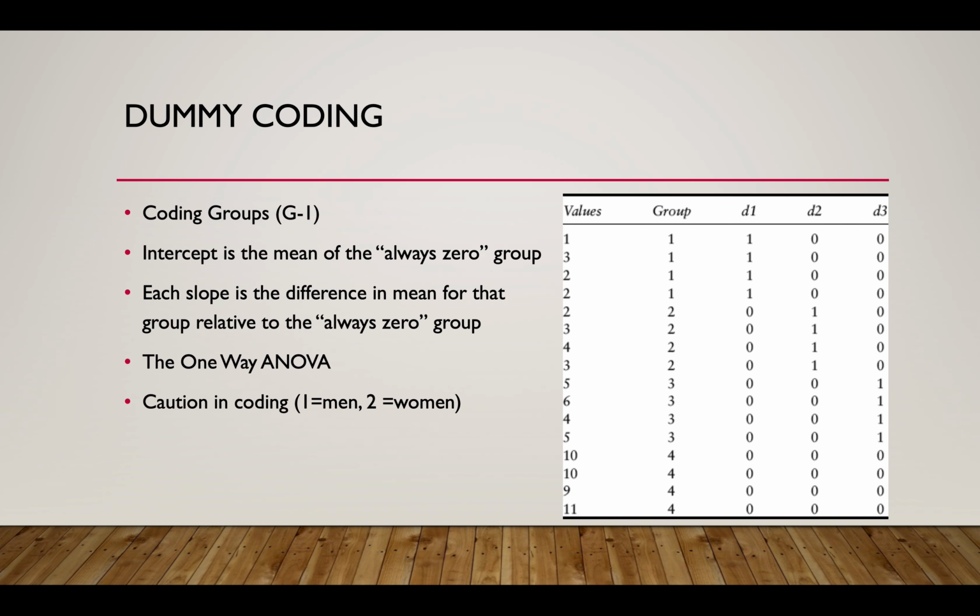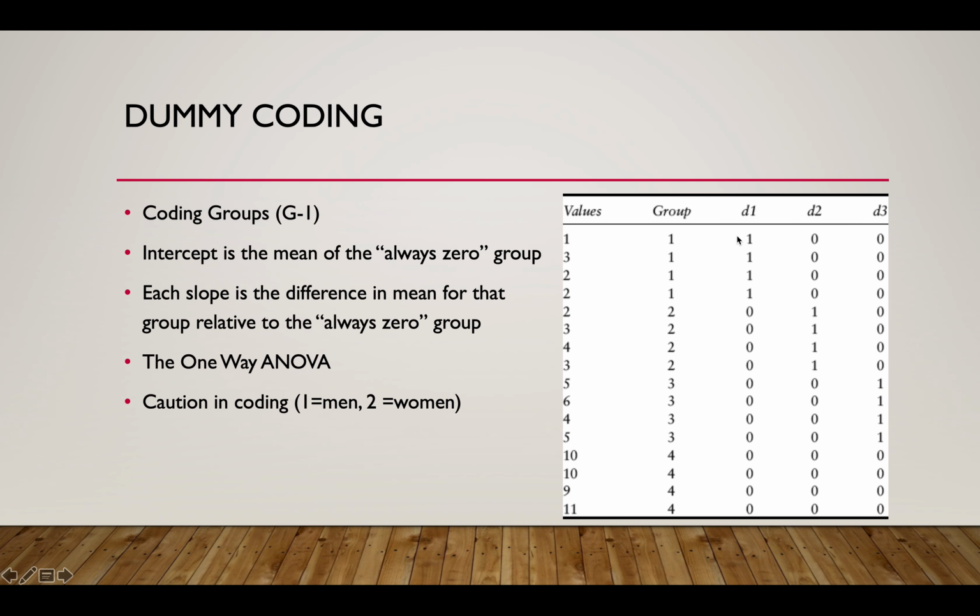Let's take a first dive here into dummy coding. If you recall, in the past we've talked about dummy coding. When we do dummy coding, we are coding independent variables for G minus one groups. In the example over here, we have four different groups. We have some value for the dependent variable, and then we create these dummy coded groups.